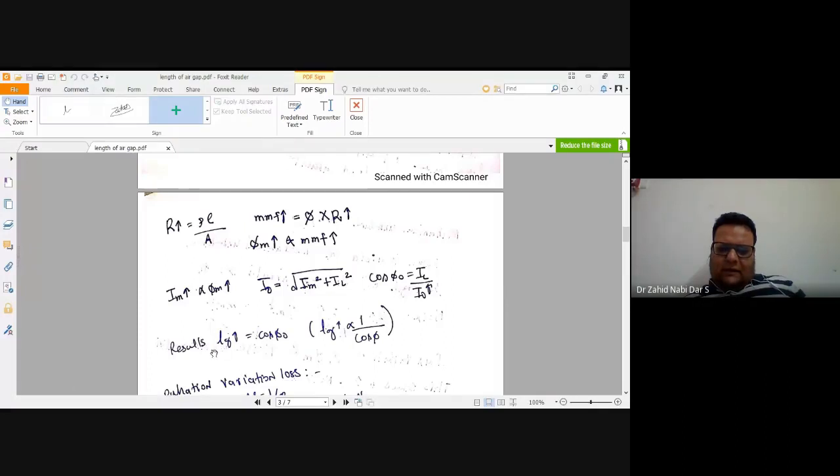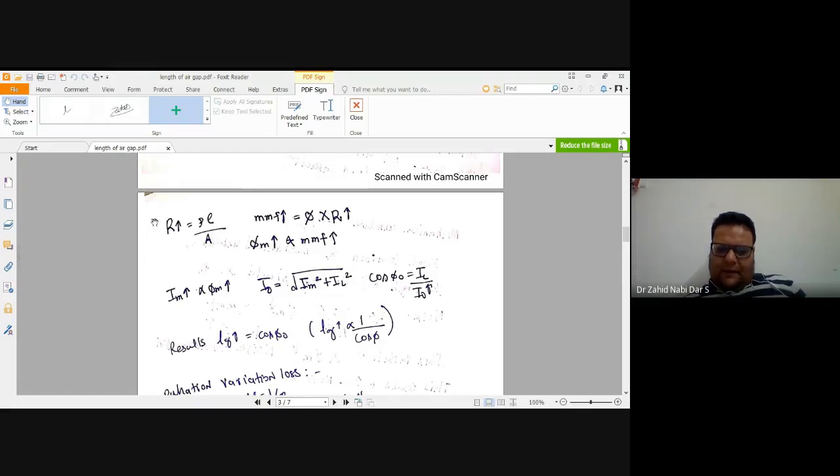You can clearly see your power factor is inversely proportional, because your current would be directly proportional, V is equal to IR, or MMF is equal to phi m by R. So your current would be inversely proportional to your reactance, which in turn would be inversely proportional to the length of the air gap.